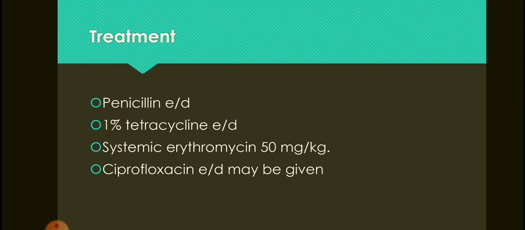Other treatment options are systemic erythromycin 50 mg per kg, and ciprofloxacin eye drop may be given. So I again say, don't use these drugs without a proper prescription of an eye care practitioner. It can be an ophthalmologist or optometrist. So always take these drugs under supervision of an eye care practitioner.